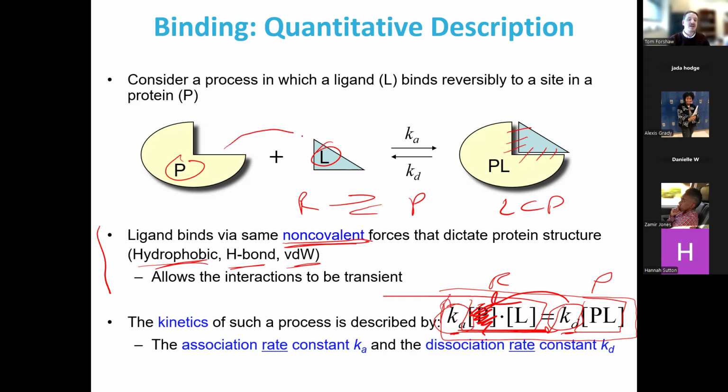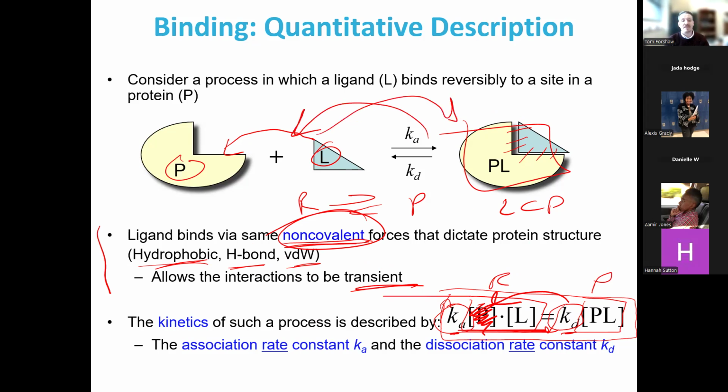So these things coming together are held together by weak intermolecular non-covalent forces. And that's important because it allows it to be transient, because they need to come together and break apart. It's much harder for them to break apart if the link between them is a covalent link. So instead it's non-covalent, they are not all one molecule, they're just linked by a weak intermolecular force. So I'm going to move on to the next slide.